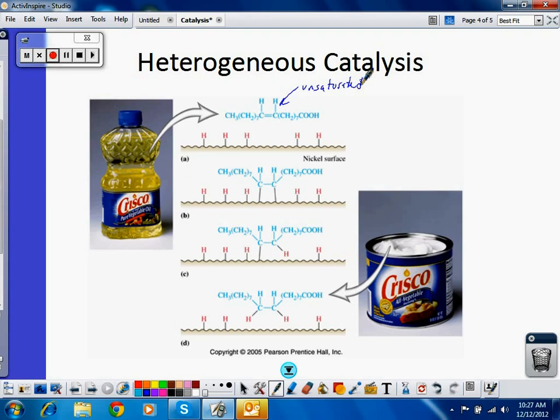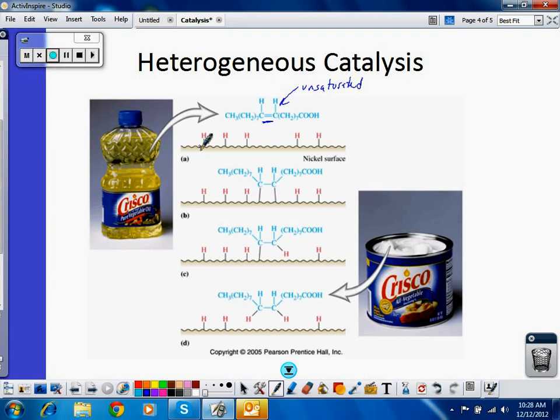This is an unsaturated fat because it has a double bond. Unsaturated simply means if I break that double bond, I can add more hydrogen.